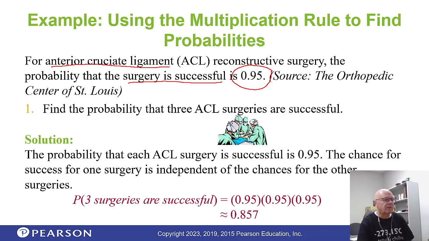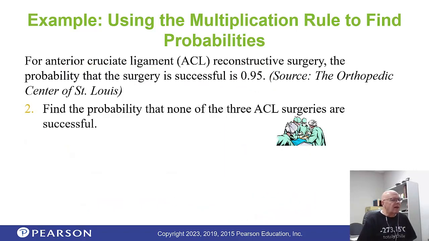Well, they're independent, so all we need to do is multiply those 3 probabilities. And of course, those probabilities are independent, so they're all the same. And there's our probability at the bottom. A little bit over 85% chance that all 3 are going to be good.